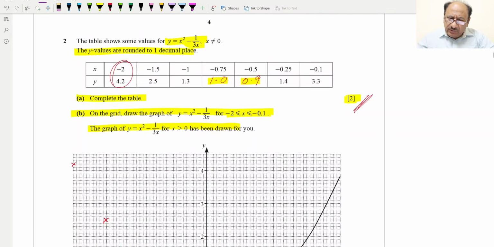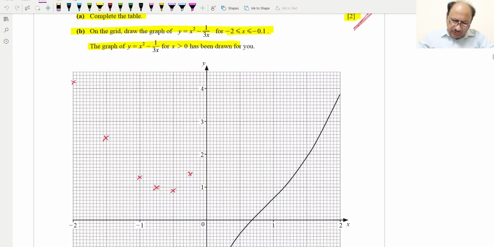And the next point is minus 0.1 and 3.3. Minus 0.1 and 3.3, 2 and 3 will be this one. Now we have all the points, and now we can sketch the curve.